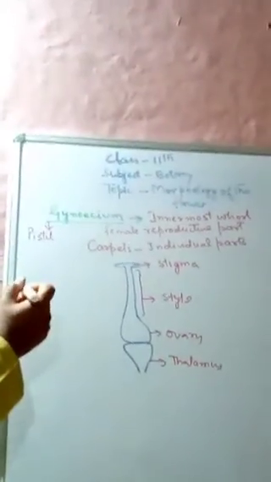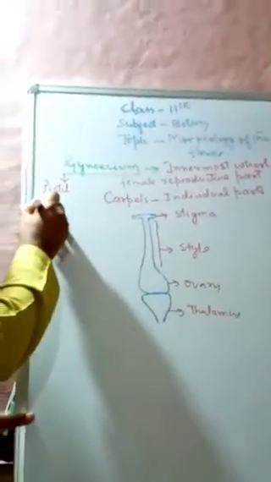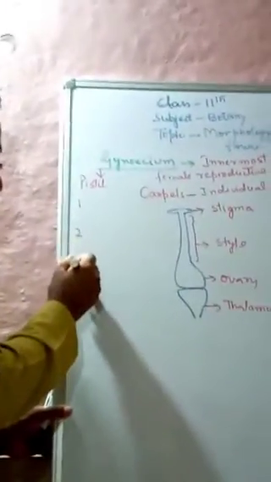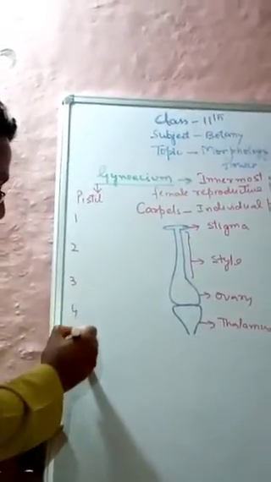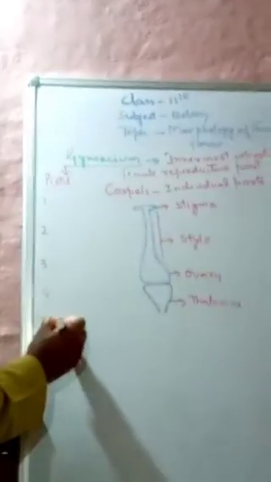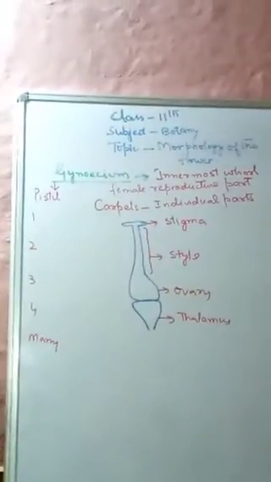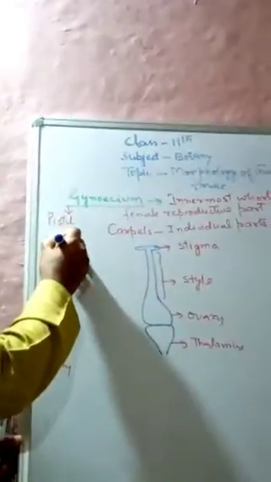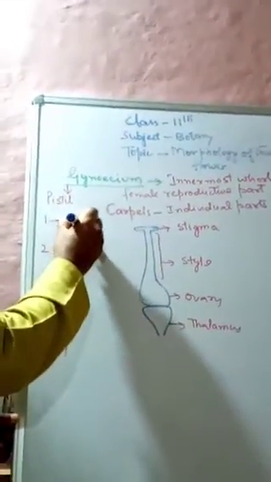Now, how many carpels are present in a flower? We can have one carpel, two, three, four, or many. When there is one carpel, we write monocarpellary.